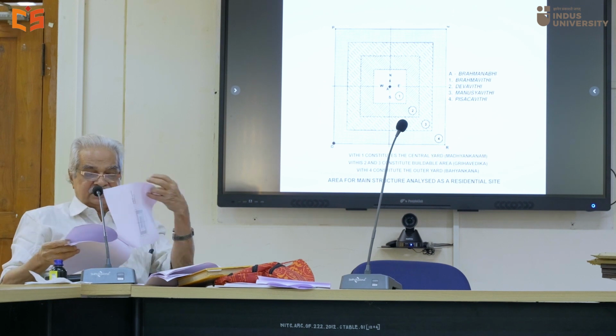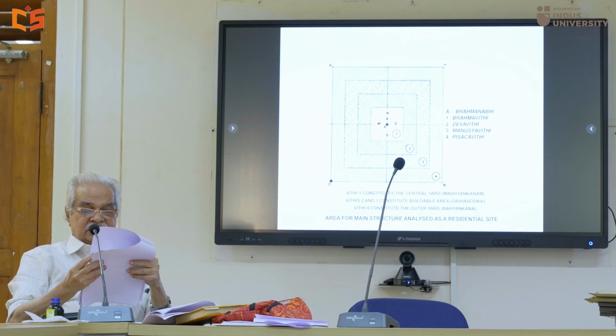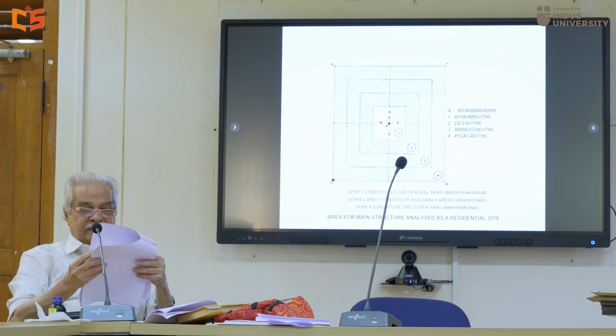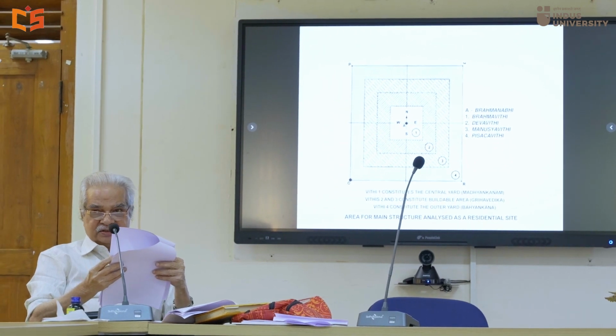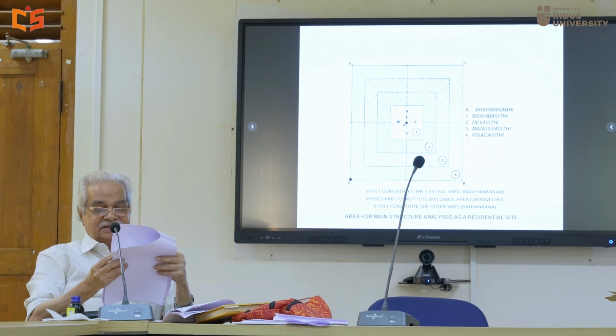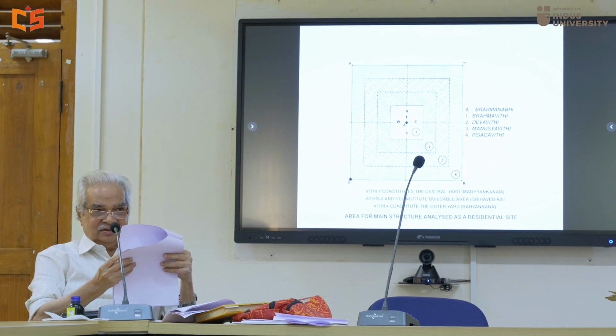In the Nayan Vidhi system, it is told that these 4 Vidhis, number 1, 2, 3 and 4, are for the main structure. Then there are 2 Vidhis which shall not be built, and 2 Vidhis for secondary structures. What are the secondary structures?